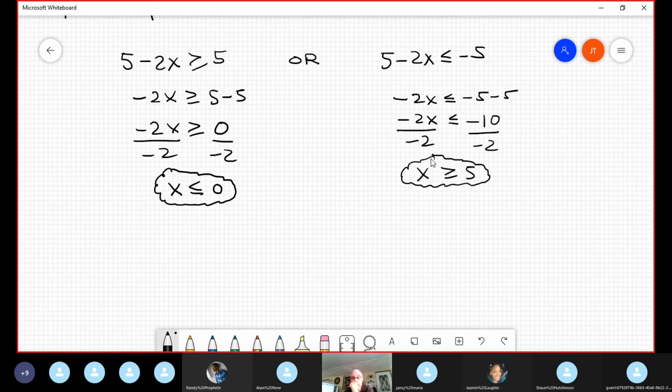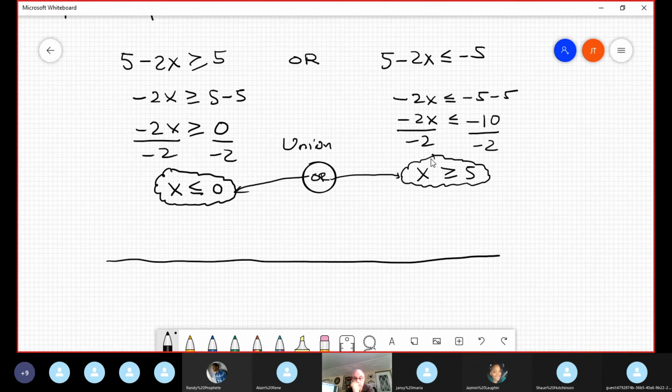Now the connection. This and this together using the conjunction OR. Yes, union. This is equivalent to union. That is the reason we use the U to connect them. Okay, if you want, this is not mandatory, do a graph to understand the geometric interpretation. This is 0.